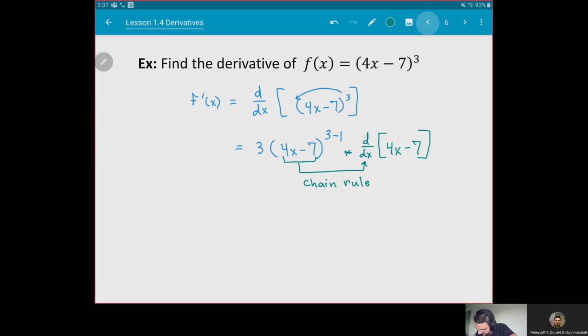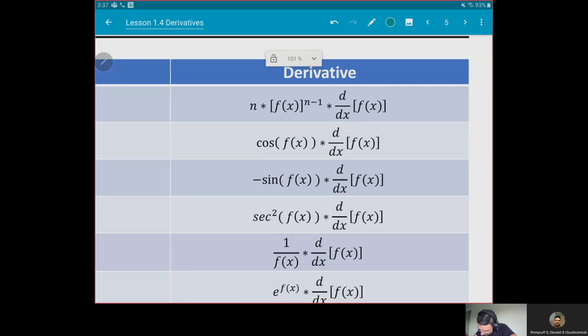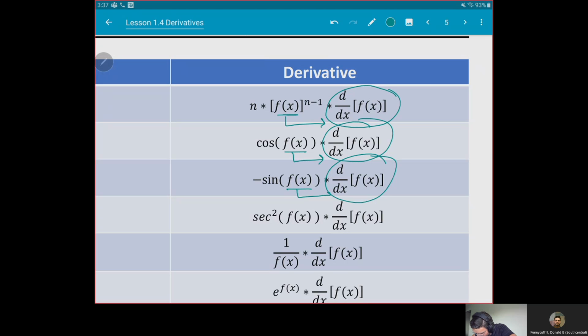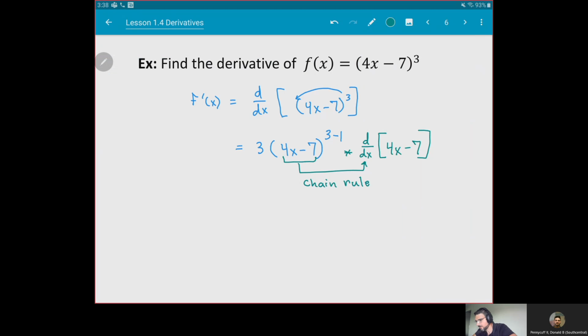Now, if we go back to the previous page, that's what all of this is. All of these. It's talking about taking the derivative of the inside. For each and every one of these, that's going to be chain rule. Okay. That is the number one thing that people leave out when they're taking derivatives. Do not be one of those people. Okay. Be careful.